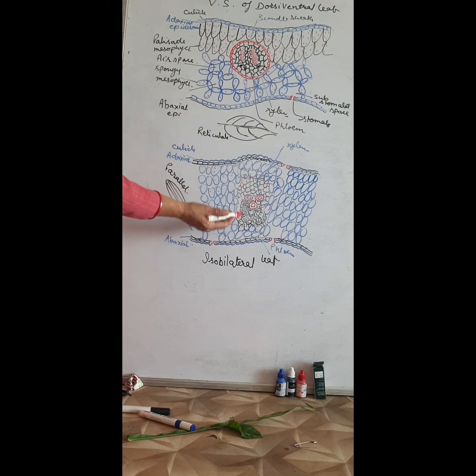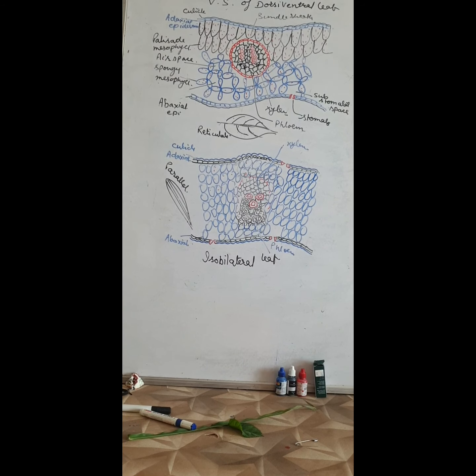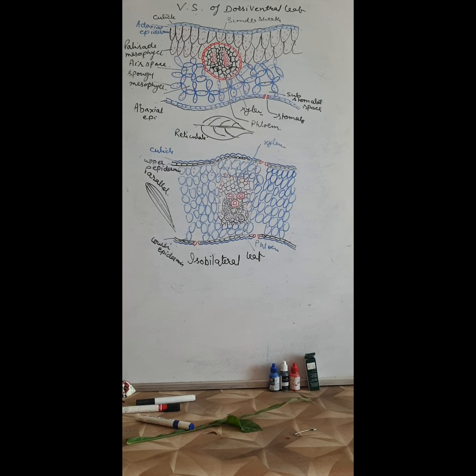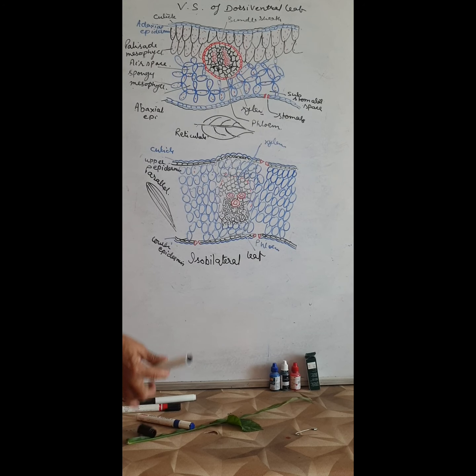So the structure is similar to the dorsiventral leaf: cuticle, adaxial epidermis, abaxial epidermis, and the mesophyll cells that are not differentiated. Now we differentiate the dorsiventral and isobilateral leaf. The differences between the dorsiventral leaf and the monocot leaf: in the dorsiventral leaf both surfaces are different.